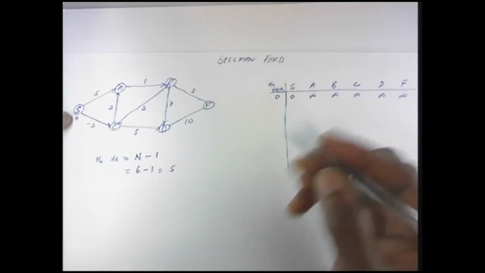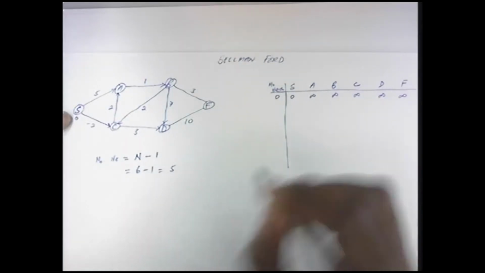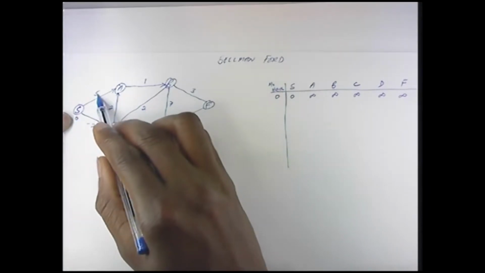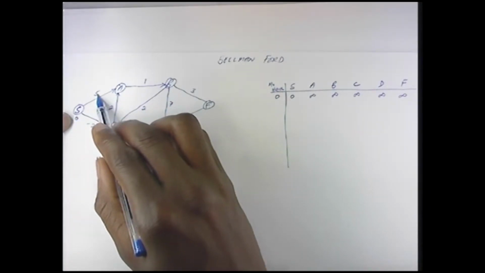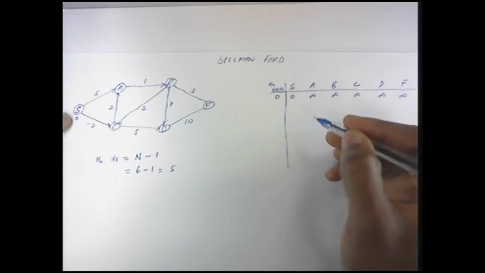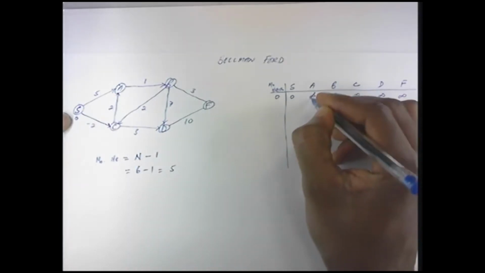So just like we did in Dijkstra's algorithm, I'll add 0 to 5. That gives me 5. Now 5 compared to the current value at A, which is infinity, 5 is smaller. So I'll cancel this and put 5 by it.